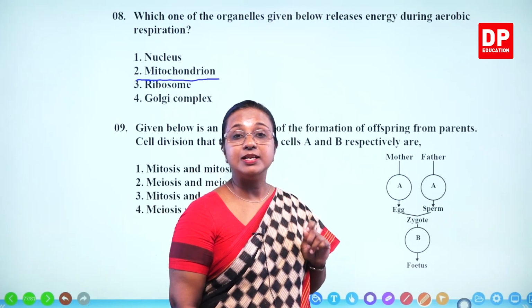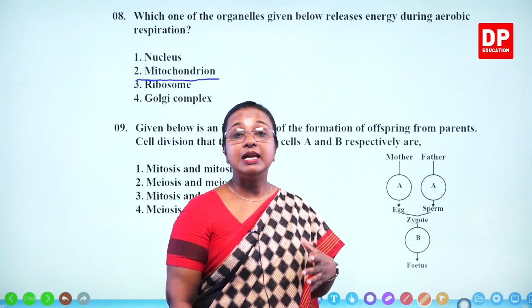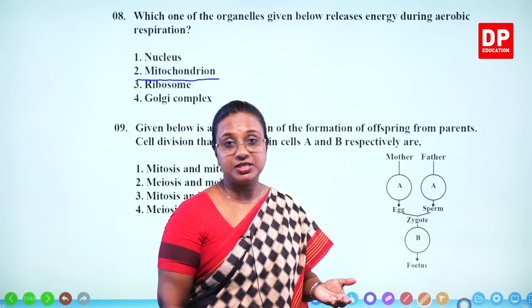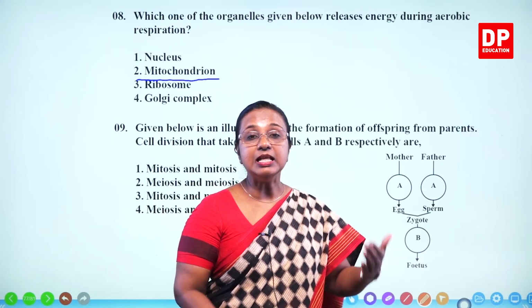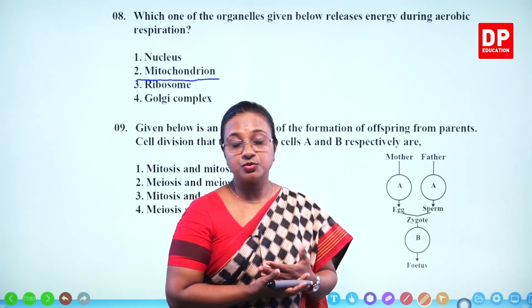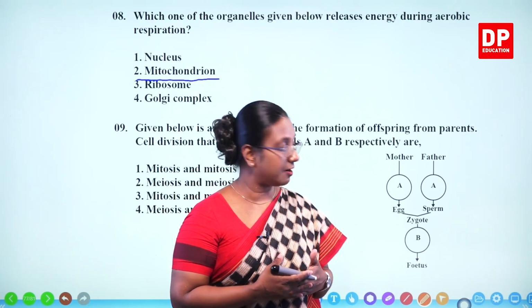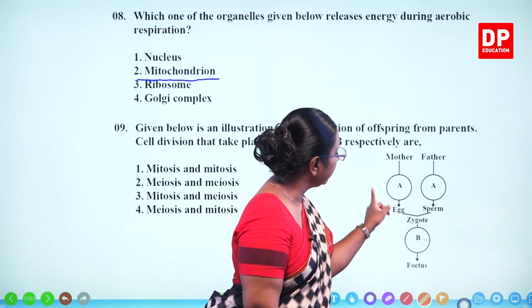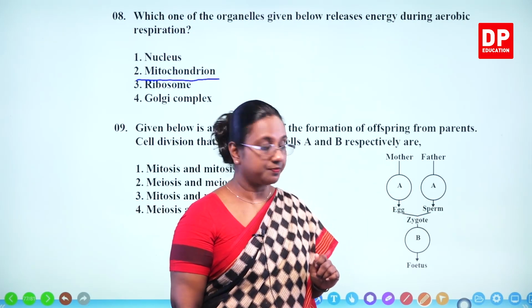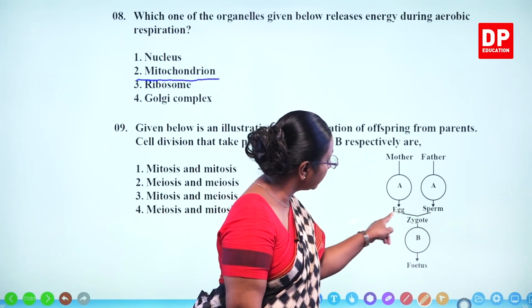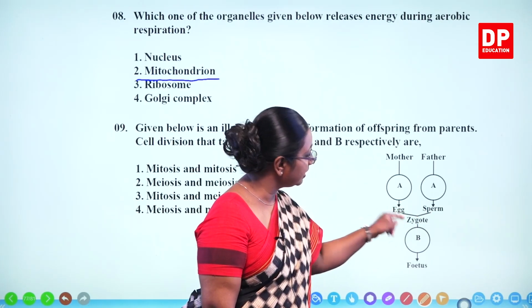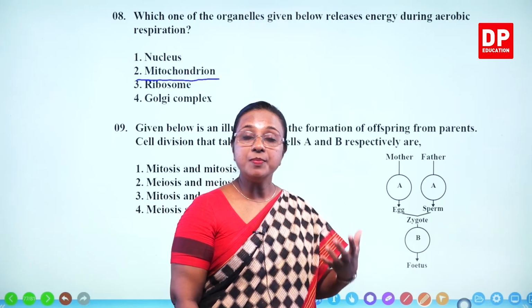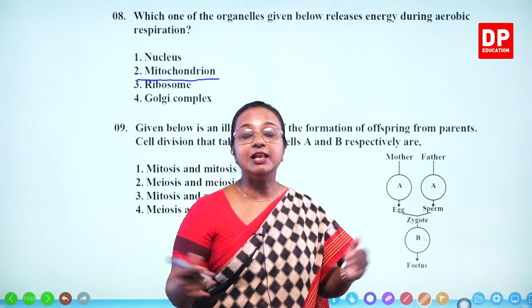So then, what is the cell division? It has to be meiosis. Then only the number of chromosomes will become half. So here A will be meiosis. Then after egg and sperm combines, it's the zygote. From the zygote, the child will grow.